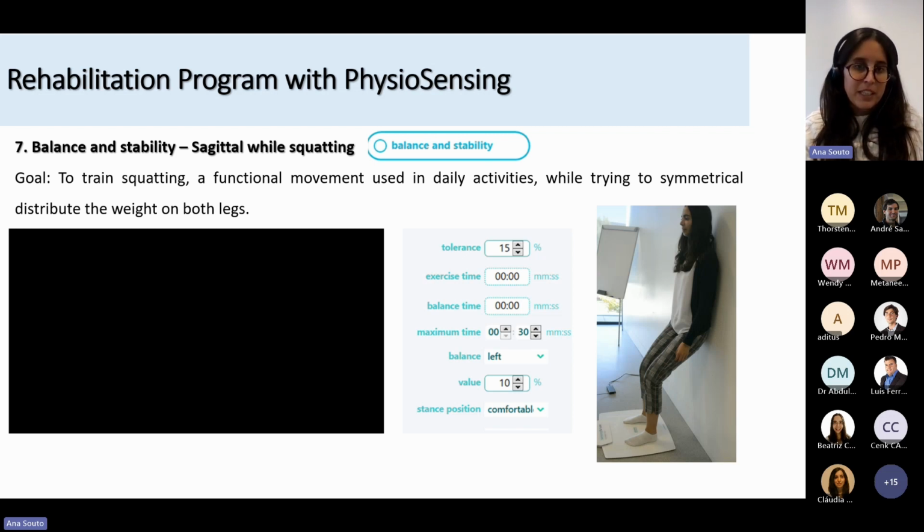So we can, for example, perform a squat while giving this visual biofeedback. We can ask the patient to squat, and this can be done with a chair or with the support of the wall or just a normal squat, and try to maintain the center at the center position. So to maintain the bar green.